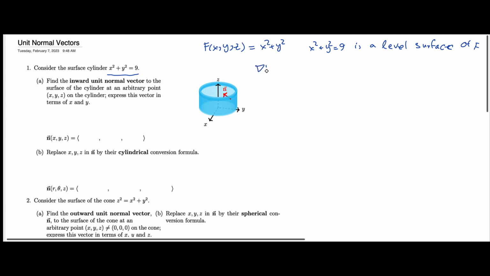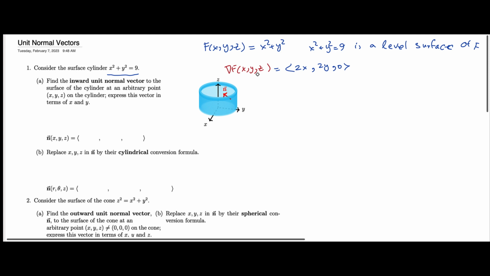So first thing I do is finding the gradient, and that's partial with respect to x, which is 2x, partial with respect to y, which is 2y, and then there's no z, so 0. This gradient is defined at any point x and y and z, right? So I don't have to plug in a point exactly in there.